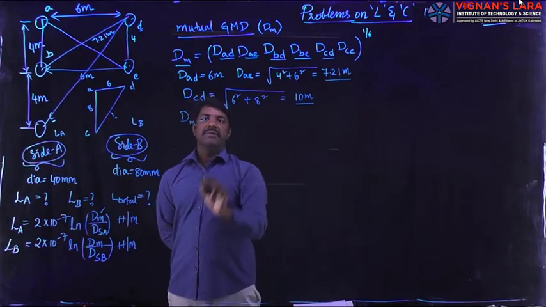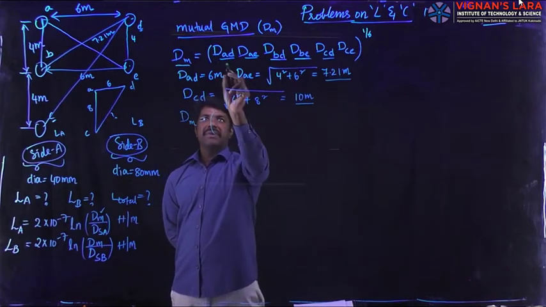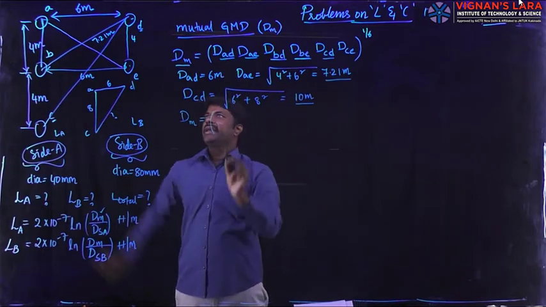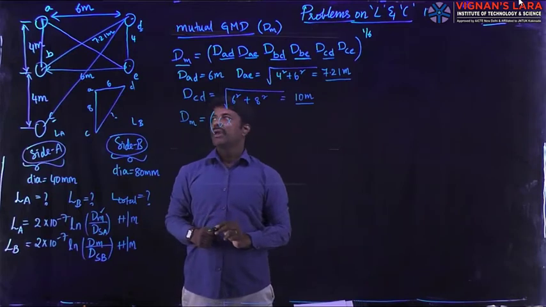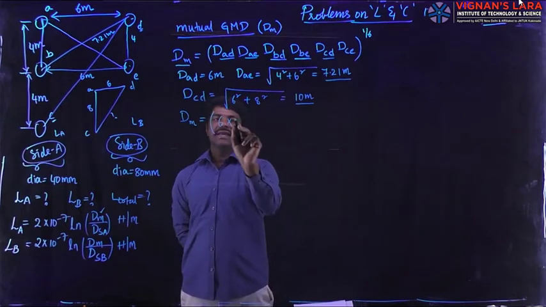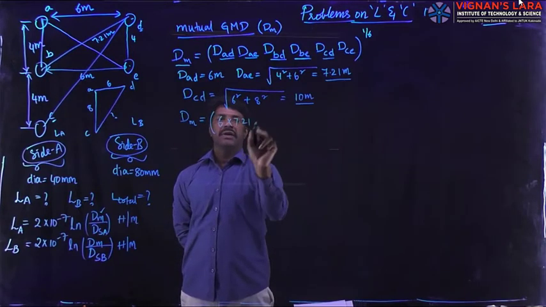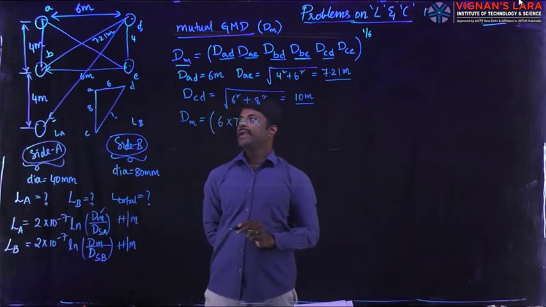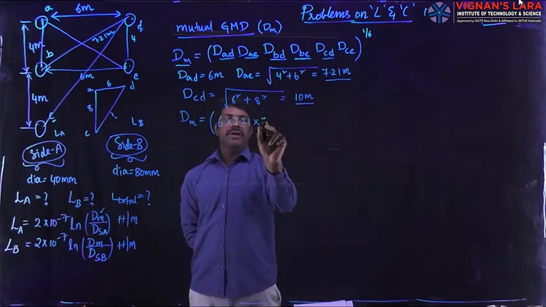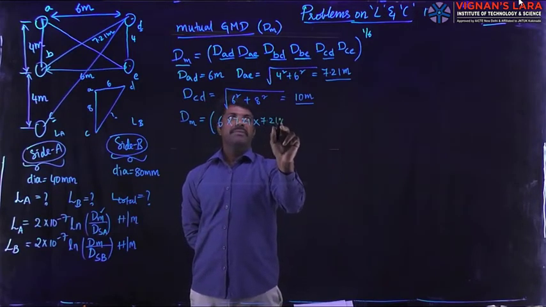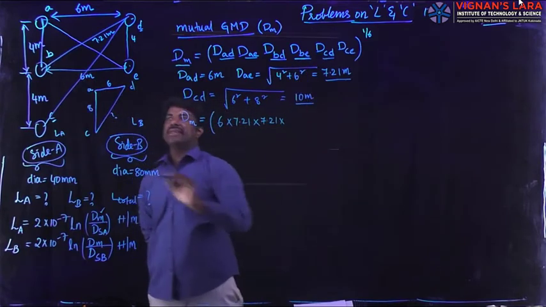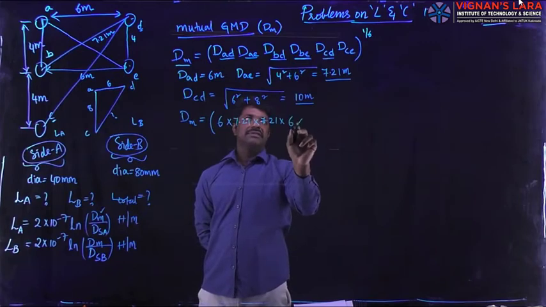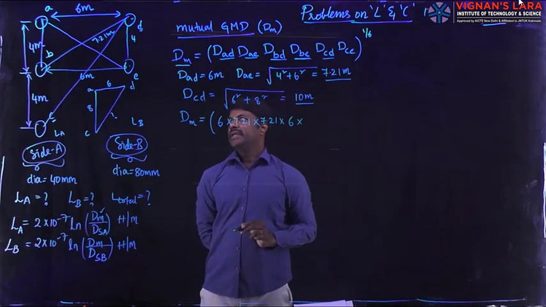The mutual GMD now is equal to, I repeat, AD value, substituting the values here, 6, into AE. AE value is a calculated value, 7.21, multiplied by BD. BD is also 7.21, multiplied by BE. If you check, this is B and this is E with a distance of 6 meters, multiplied by CD.